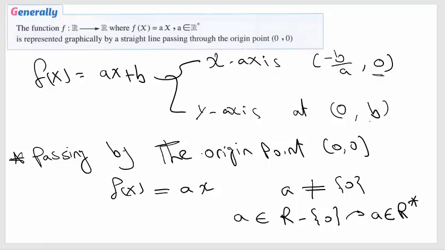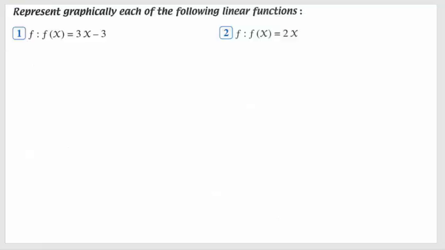And to be clear that it's a linear function, a should belong to the set of real numbers except 0, or should belong to R star, or in other words, it's not equal to 0. Let's try how to represent graphically the linear function.